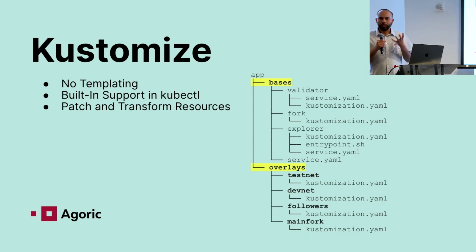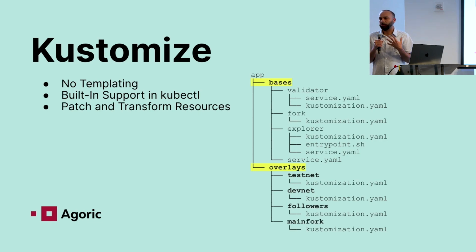Kustomize enables us to create a lot of configurations for different kinds of networks with ease. It is declarative, so you know what you're getting when you look at it. As a new developer, you don't have to go around finding templates and where these values are coming from. With Kustomize, you build different components which are called bases, and in bases you define, for example, a validator, how the validator will be, and a fork node or explorer node, and then you have overlays.